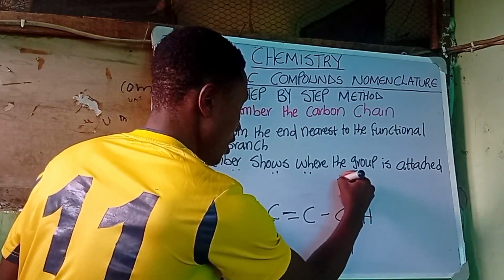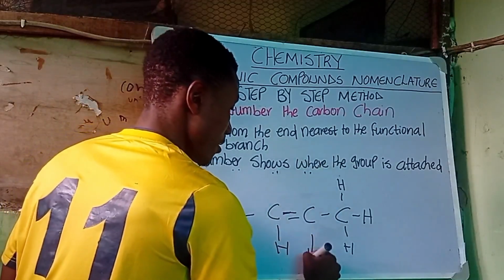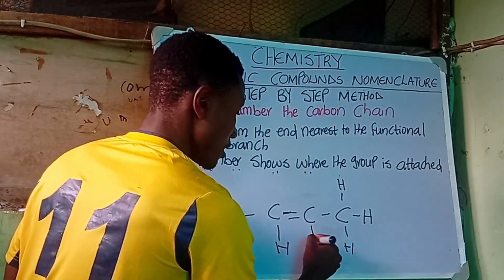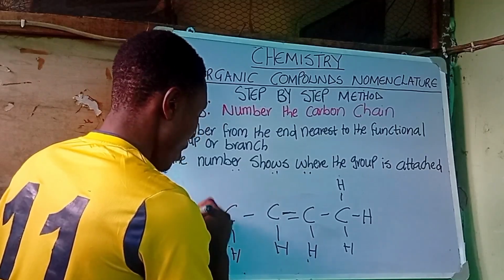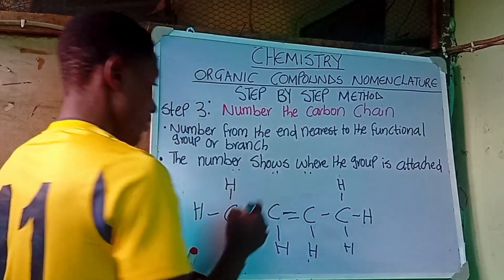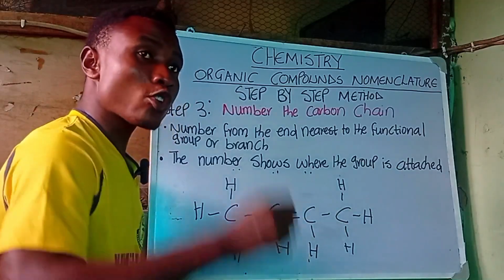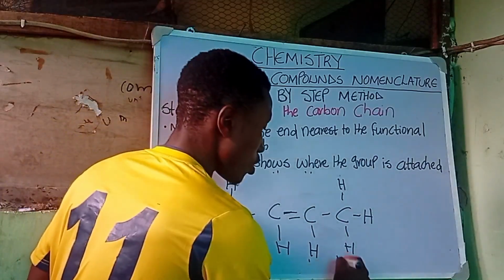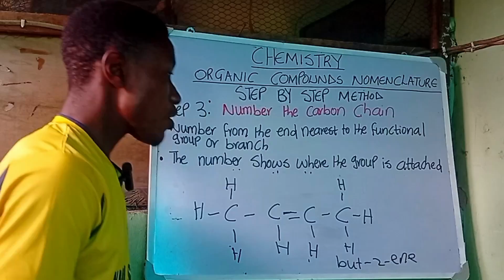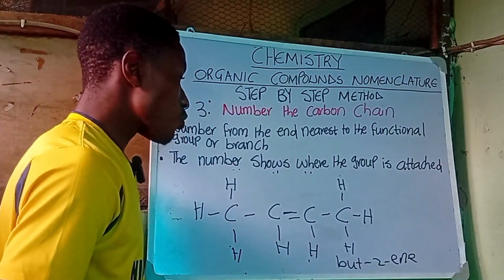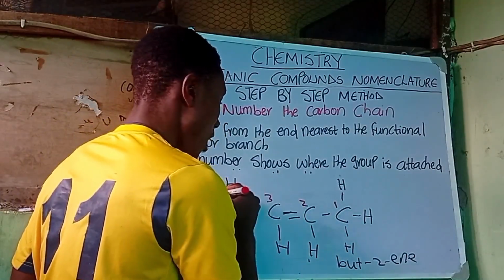This is our H, and this is our H, and here is our H, our H, and our H, right? So let's assume this is what we have. This is known as butene. Why is it butene? It's because when you want to start counting, we say 1, 2, 3, and 4.